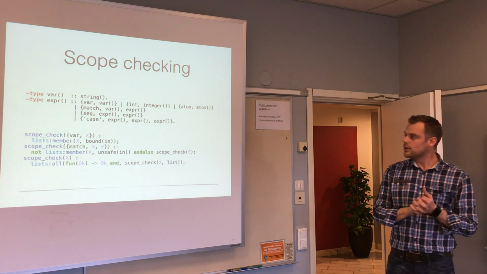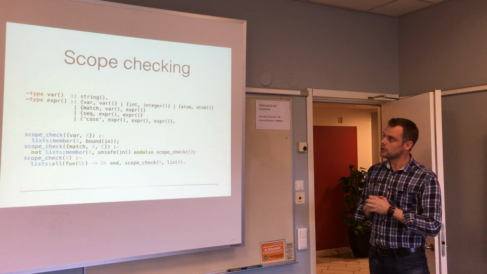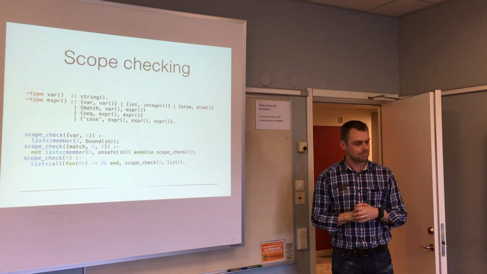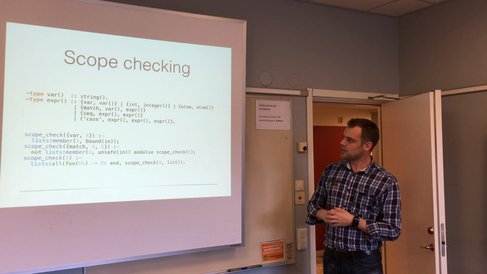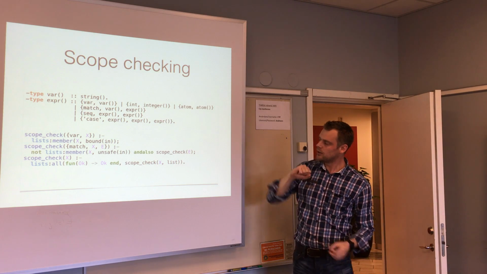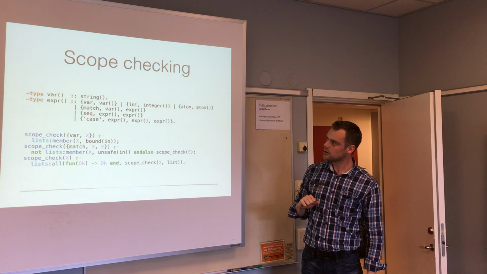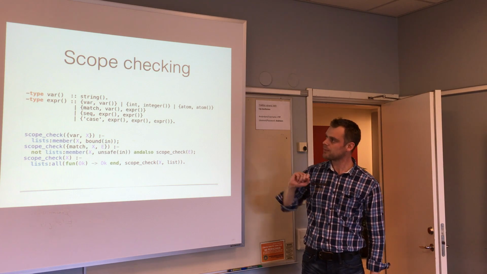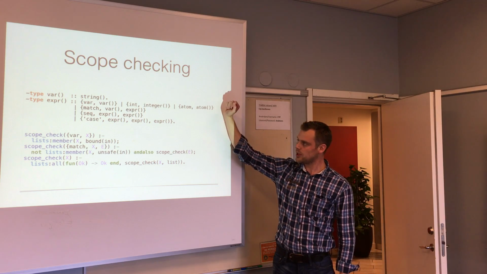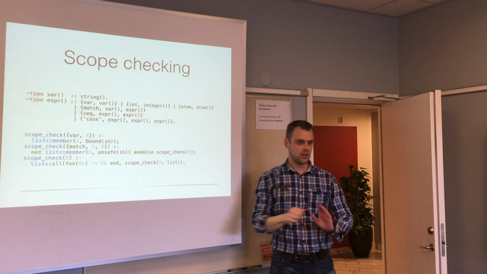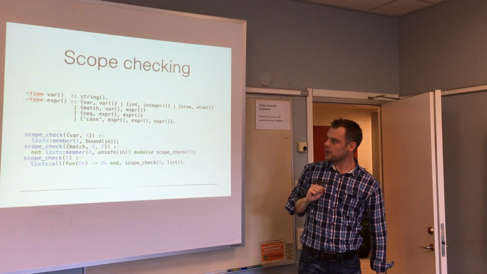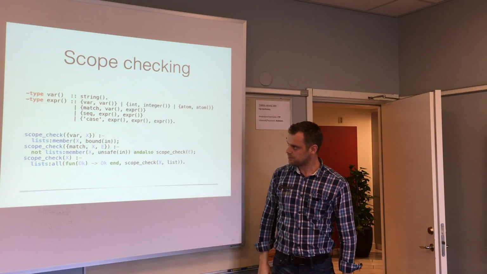So the third and last example that I'm going to show, then we're going to do some scope checking. Imagine that we have this small Erlang-ish language. We have variables, atoms, and integer literals. A variable is just a string. We have a match, an assignment, we have a sequence, and we have a case expression.